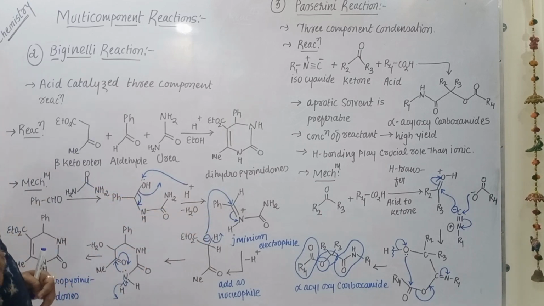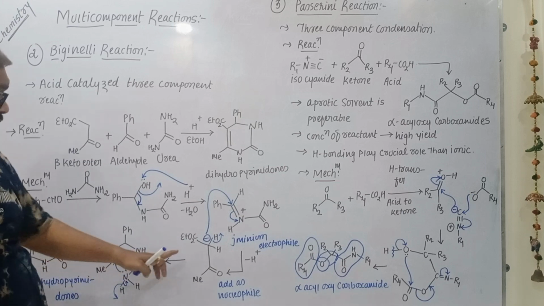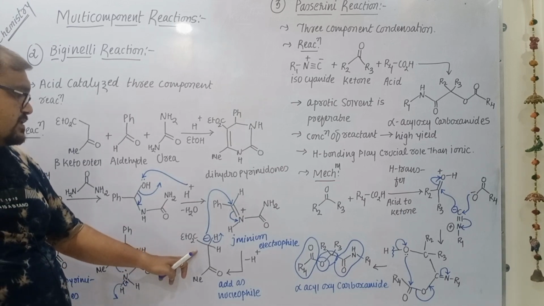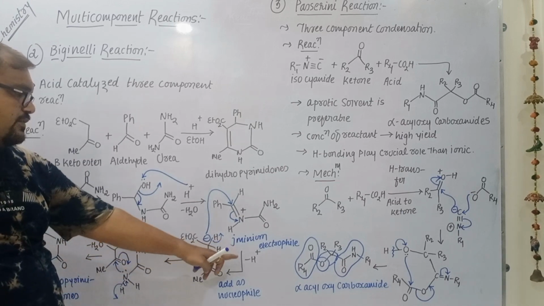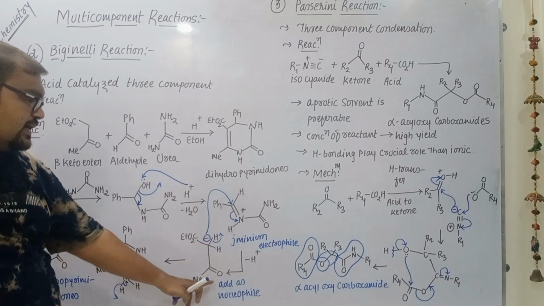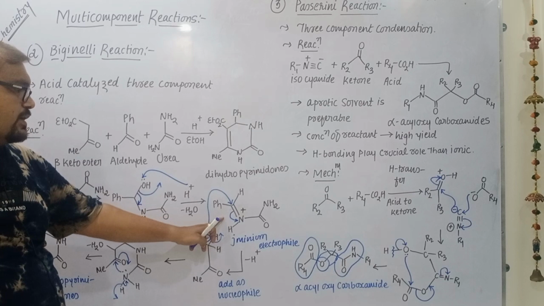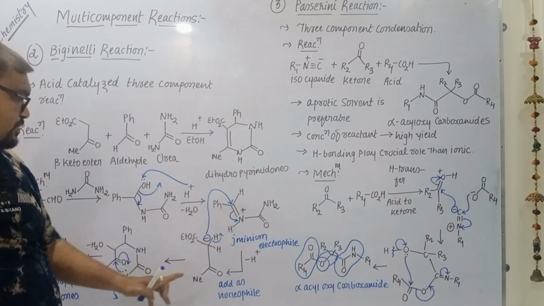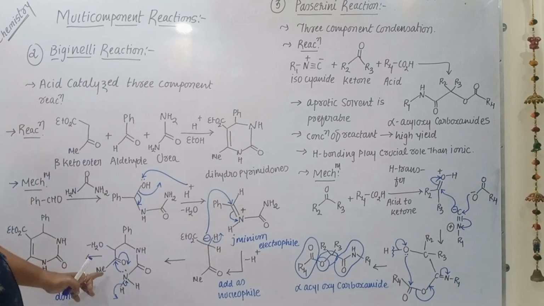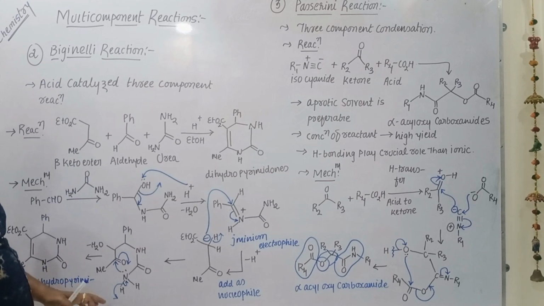Now in the next step, this beta keto ester will lose a proton in the form of H plus and add as a nucleophile to this iminium electrophile to give such type of cyclic product. And again we know that the hydrogen will be lost in the form of minus H plus, right? This bonding pair will be shifted over nitrogen.